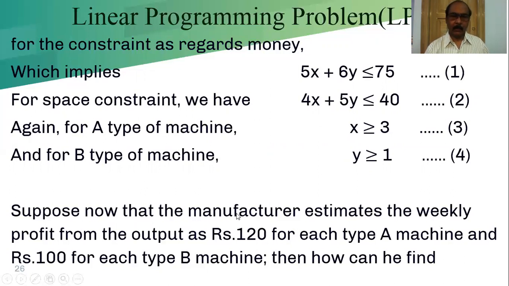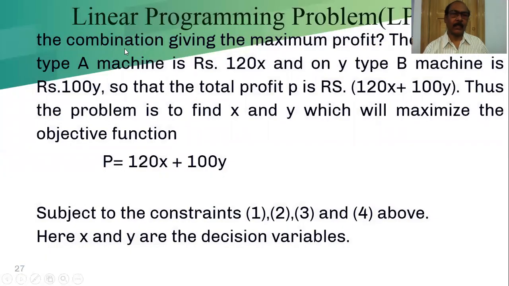Suppose now that the manufacturer estimates the weekly profit from the output as rupees 120 for each type A machine and rupees 100 for each type B machine. Then how can he find the combination giving the maximum profit?